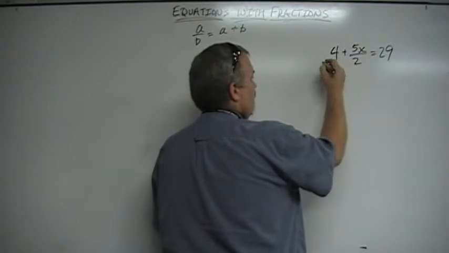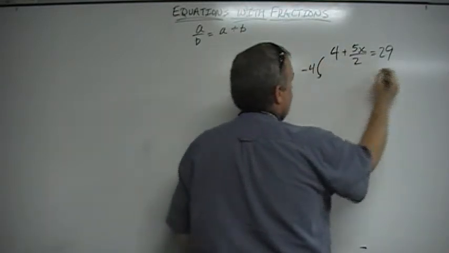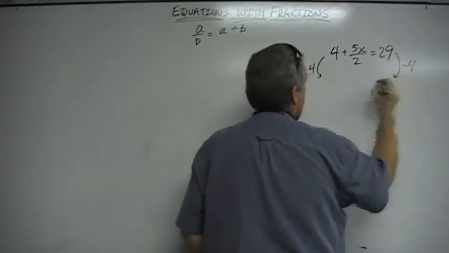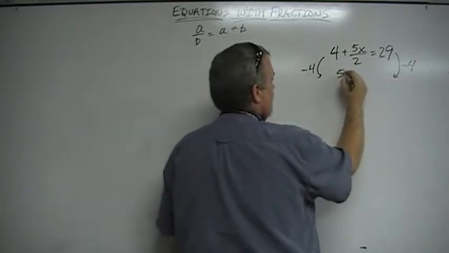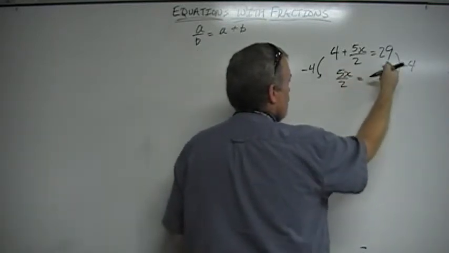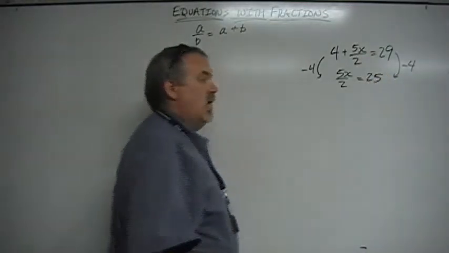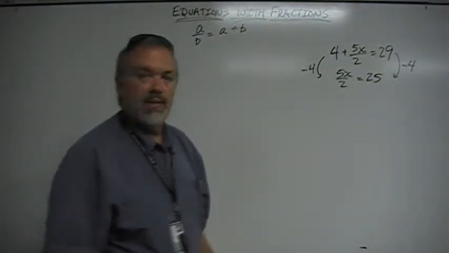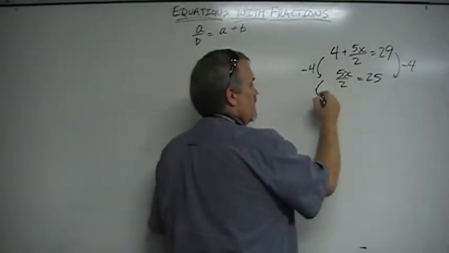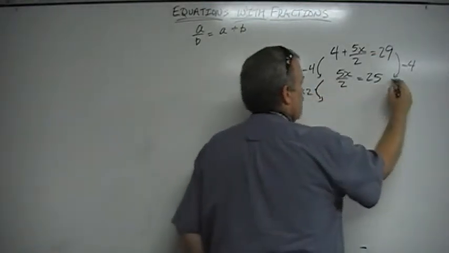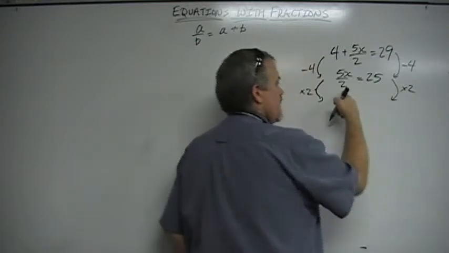How do we get rid of that 4? Well, we subtract it. And then we're just left with 5x over 2 equals 29 minus 4 is 25. And now we have just a fraction problem again. We're dividing by 2, so we have to multiply by 2 to reverse the division.